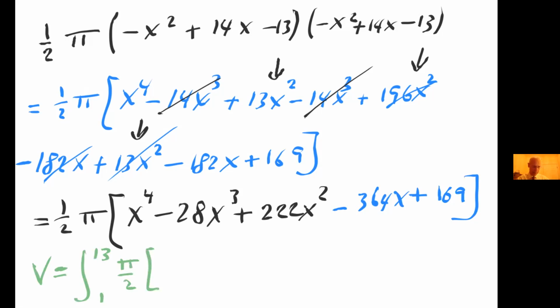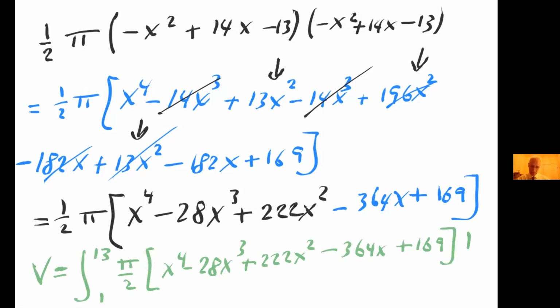Then I have x to the 4th minus 28x cubed plus 2x to the 2nd minus 364x plus 169 dx. So let's take the pi over 2 outside.